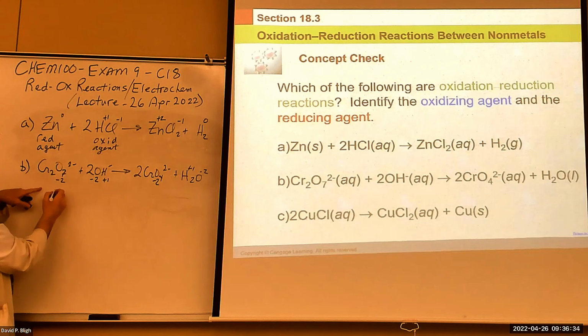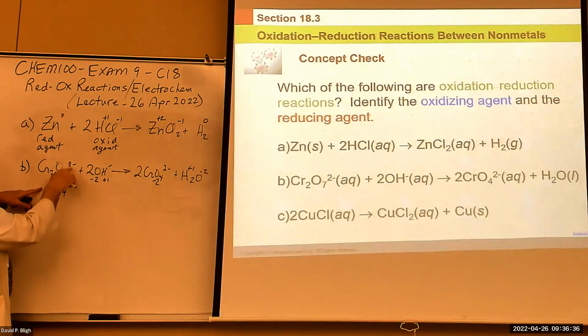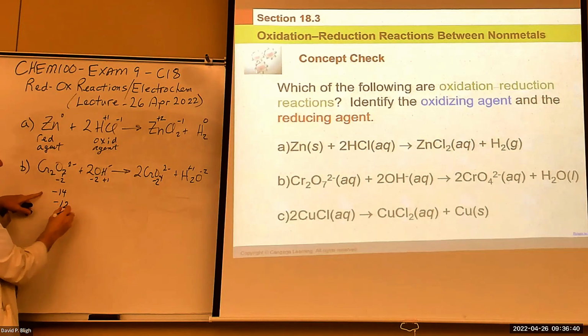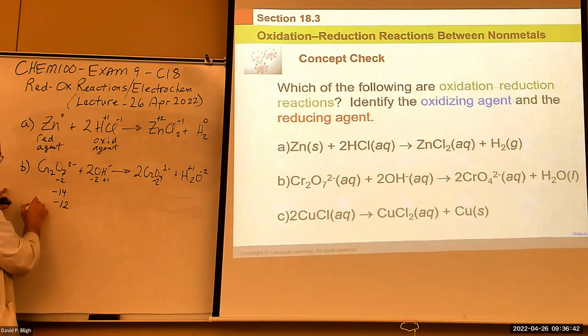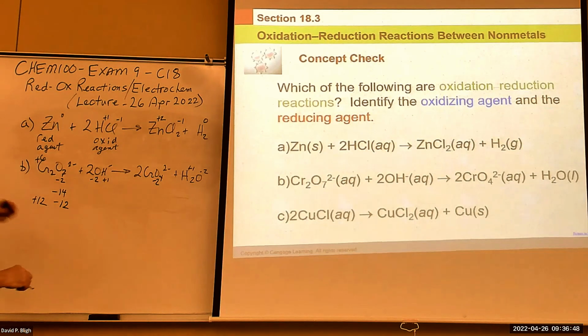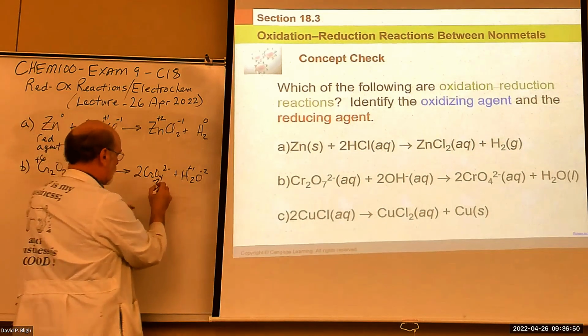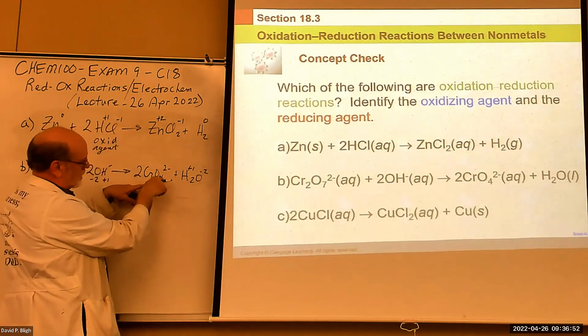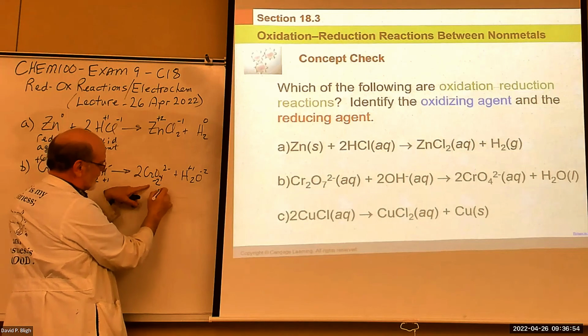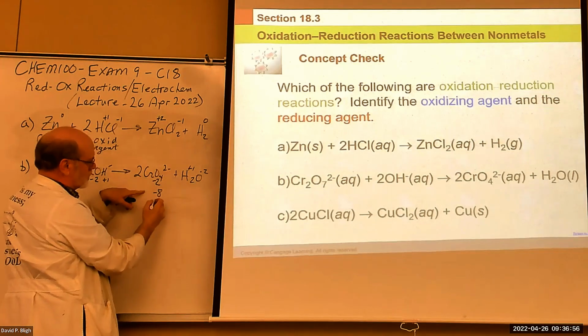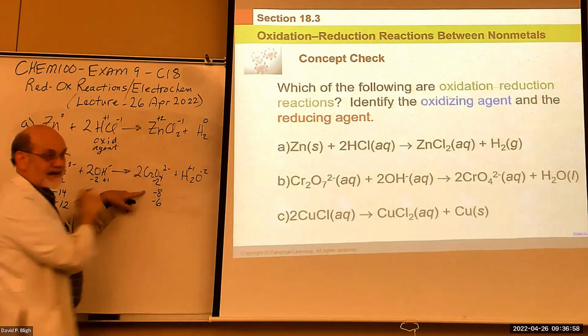That means 7 times -2 is -14, but we're going to hold 2 of those charges out for this one. Right? 12 is all we have to balance. So that means +12 for those 2 chromiums, which means +6. Okay? How about this chromium? Well, let's see. 4 times -2 is -8, but we need to hold out 2 for that negative.